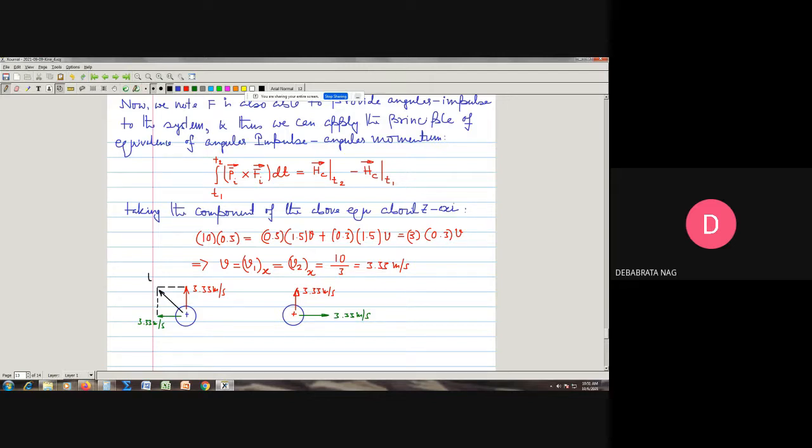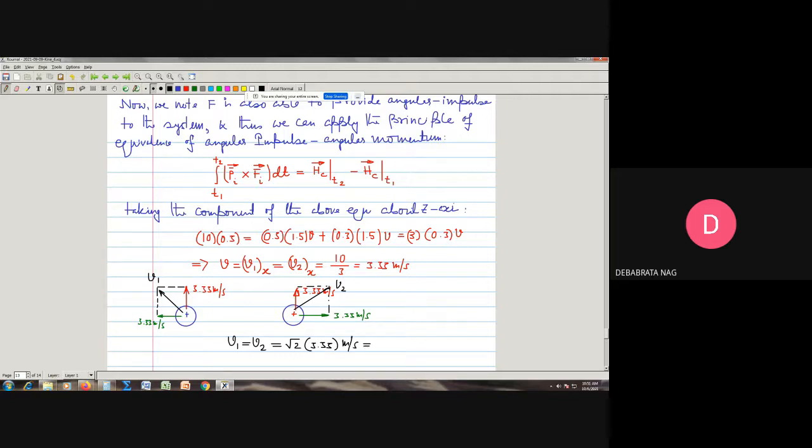So we can say this is v1, and of course if you find the resultant of these two, we will get the sphere 2's resultant velocity, and we can say this is also equal to v2. So v1 and v2 both will be equal, and it can be written as root 2 times 3.33 meter per second.